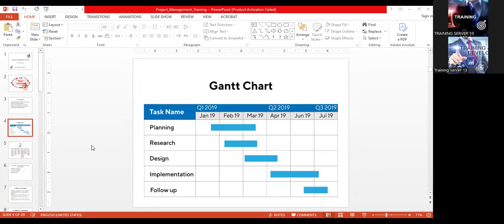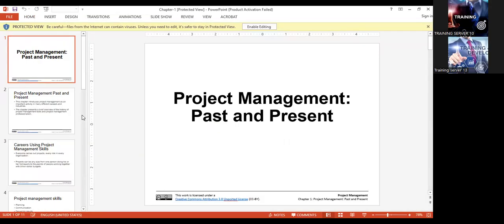Gantt means you are monitoring your work, following your work, and putting that work into an agenda. That agenda will help you identify any gap that may occur, in order to make any correction for that project.